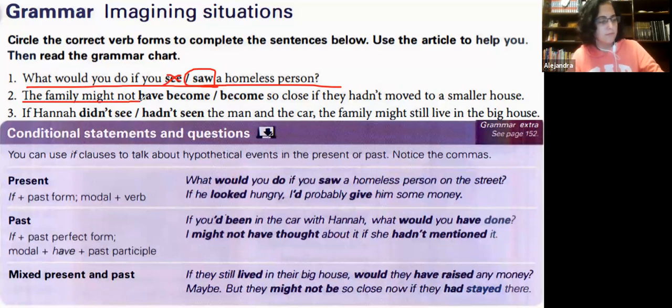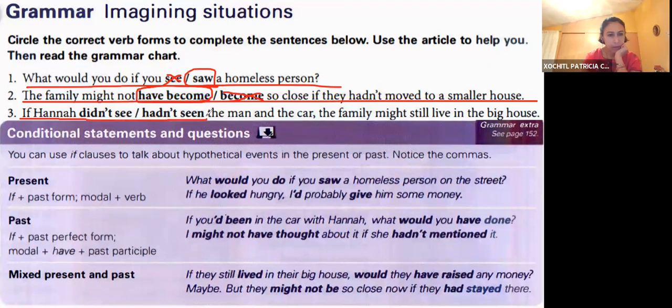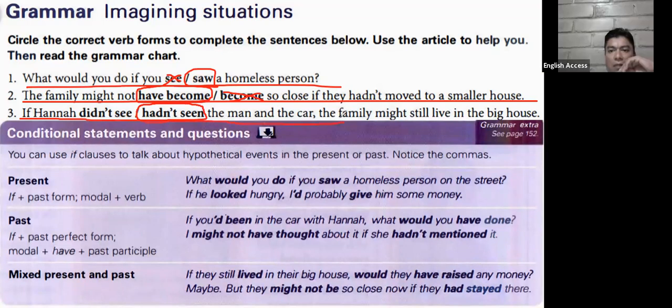The family might not have become so close if they hadn't moved to a smaller house. And if Anna hadn't seen the man at the car, the family might still live in the big house.